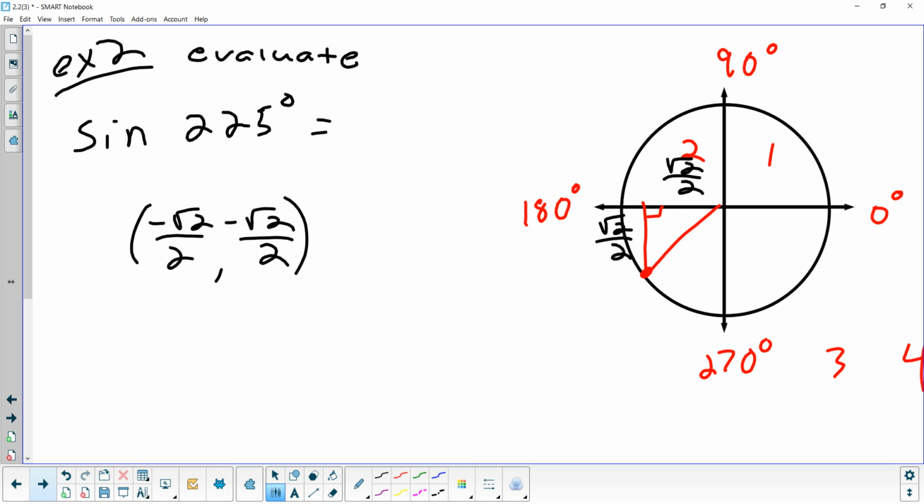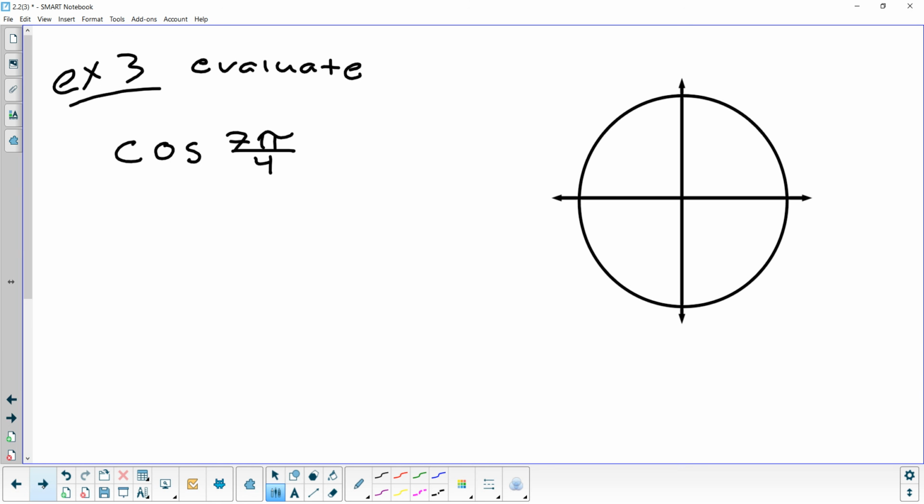And which one did you pick? The y. The y, correct. So negative square root 2 over 2. Questions on that one? All right, let's try cosine of 7 pi over 4.